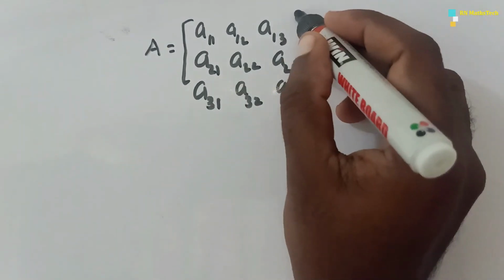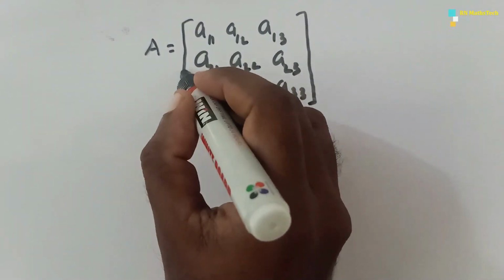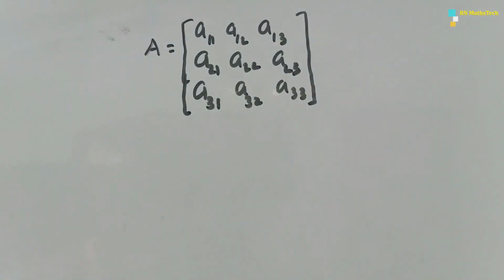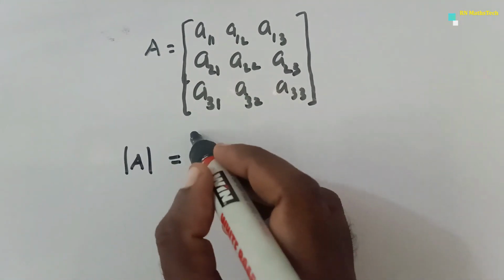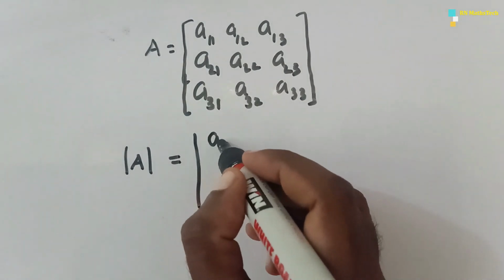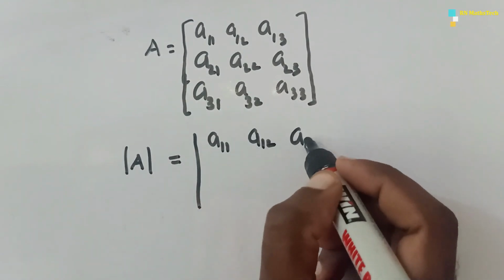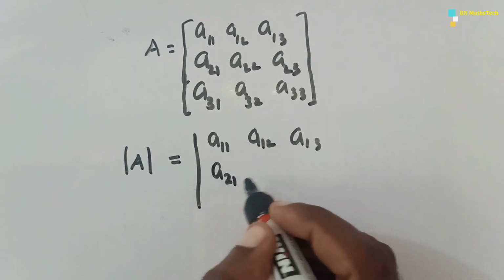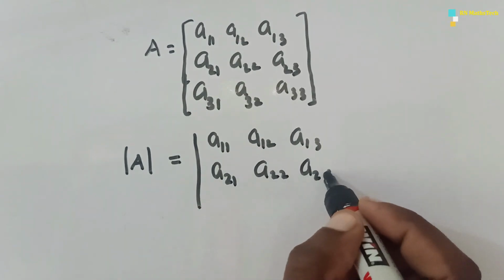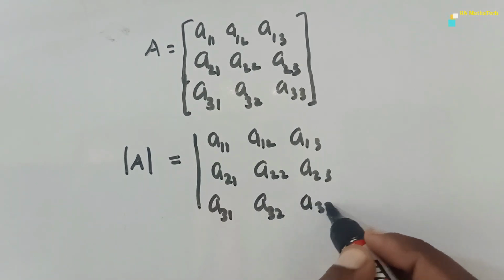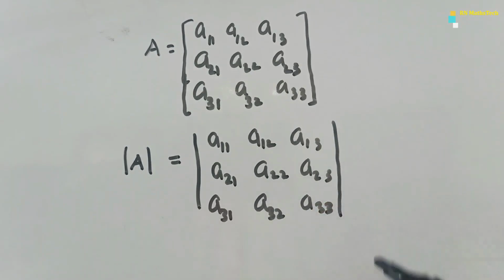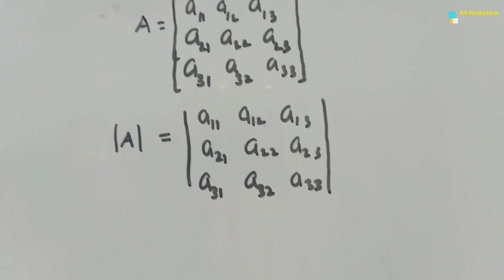That is a 3 by 3 matrix. Now we can find the determinant of A, which is the determinant of A11, A12, A13, A21, A22, A23, A31, A32, A33.